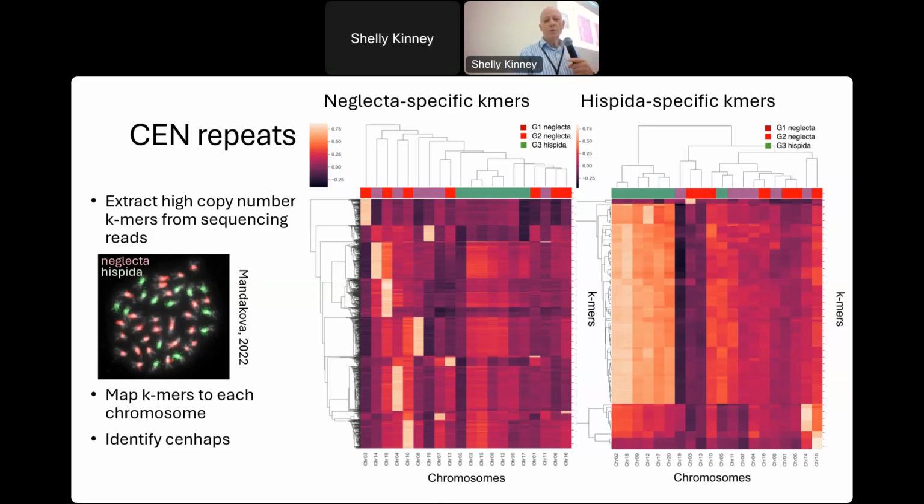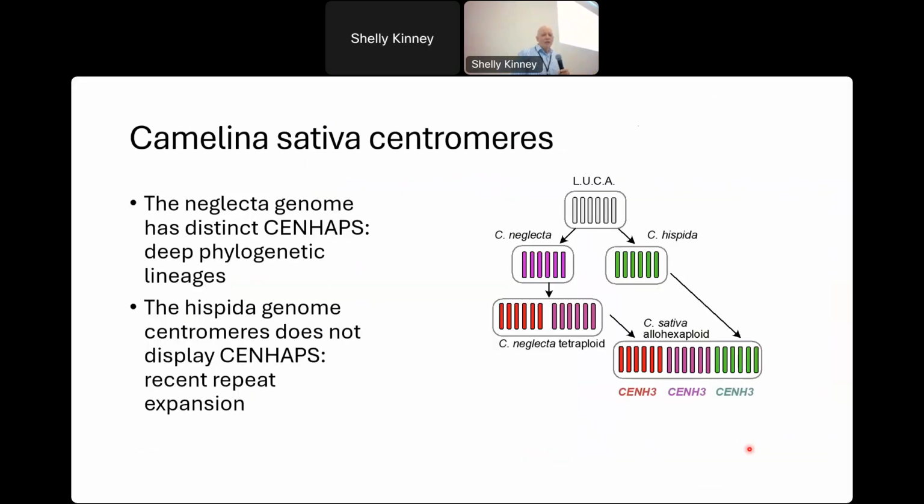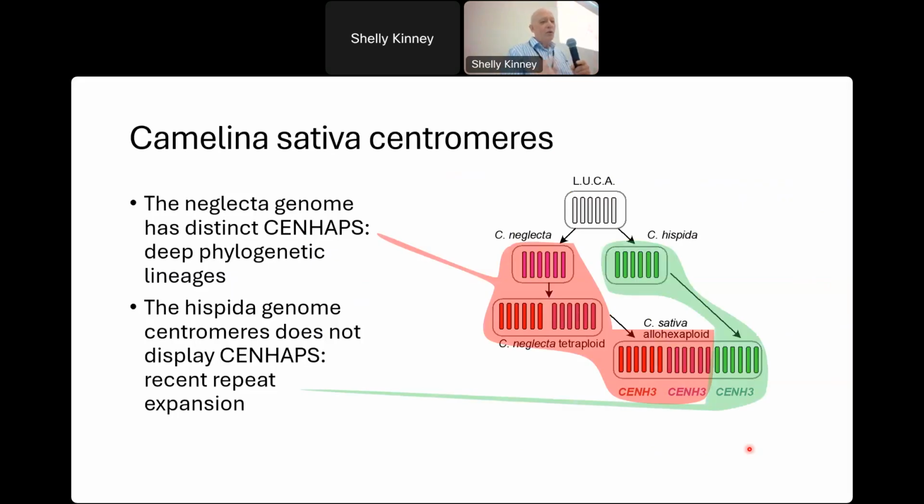So the conclusion is that in neglecta, we have deep phylogenetic distances, so to say, and in Hispida, on the other hand, we don't, or at least we think that the evidence is consistent with there having been a recent expansion.